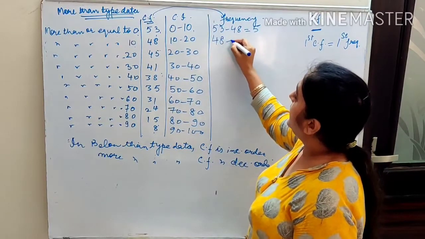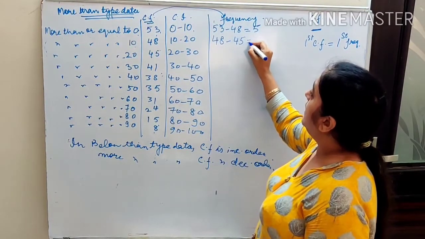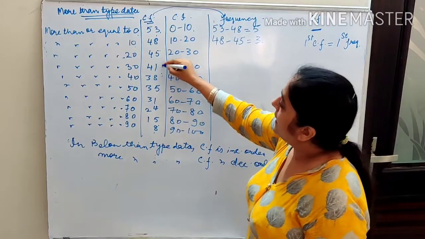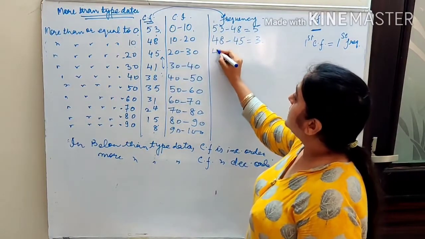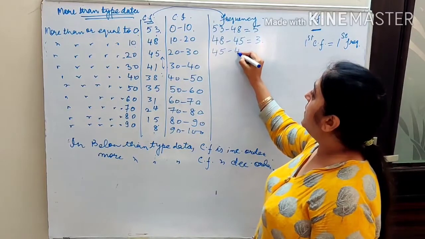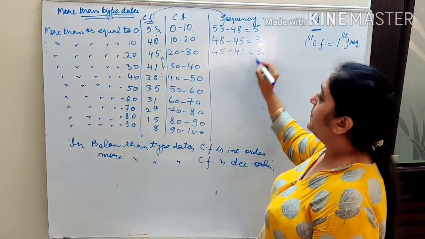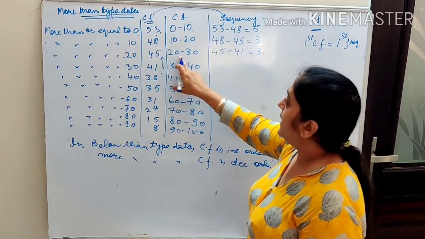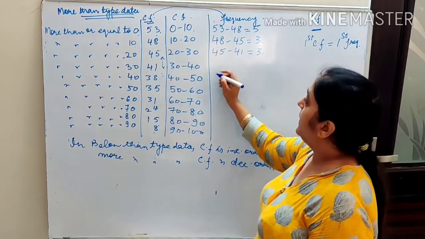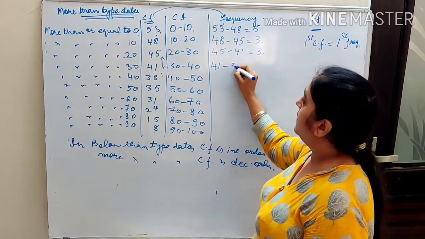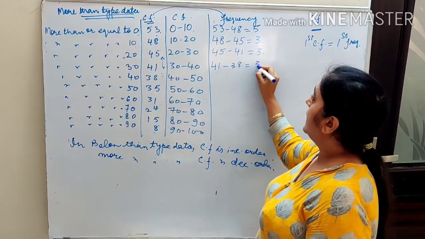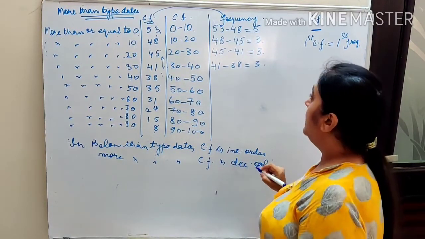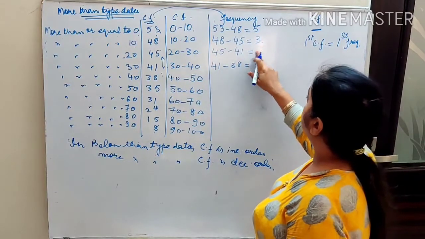Then it is 48 minus 45, comes out to be 3. Again, you have to subtract it from its preceding one. 45 minus 41 is 3. That means 20 to 30 it is 3. Then what is there? 41 minus 30. Again it is 3. Right? 5 minus 1 it is 4.